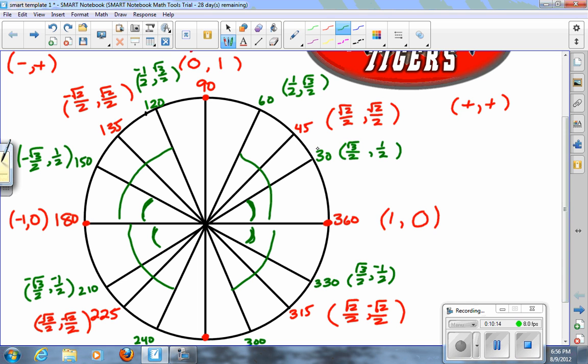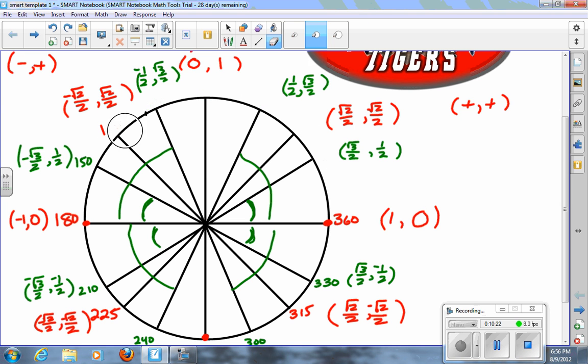Now, if you want to do radian measures, which means I'm going to erase all of these degrees and talk about what this would look like in radian, the values for sine and cosine don't change. The only thing I'm doing is changing the way that I'm talking about how we're going to describe each angle.